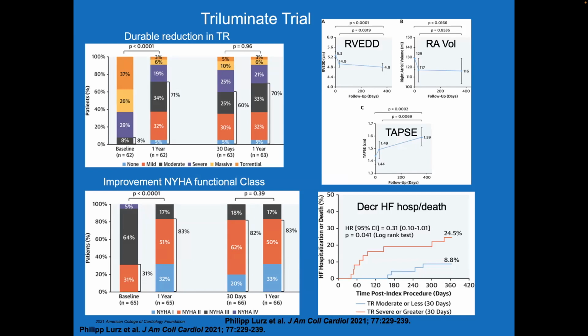The proportion of subjects with moderate or less TR went from a baseline of 4% to 54% at 30 days and 64% at 1 year. And we look at also parameters of the right heart, TAPSE, RA volumes, and diastolic dimensions, and those showed improvement as well.